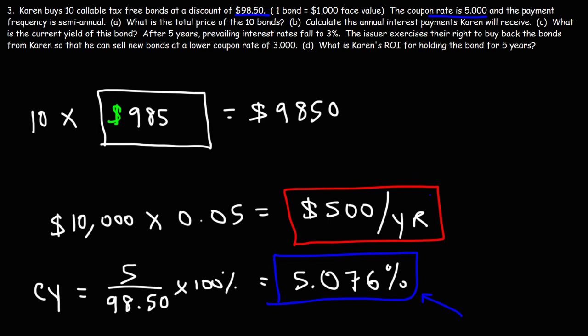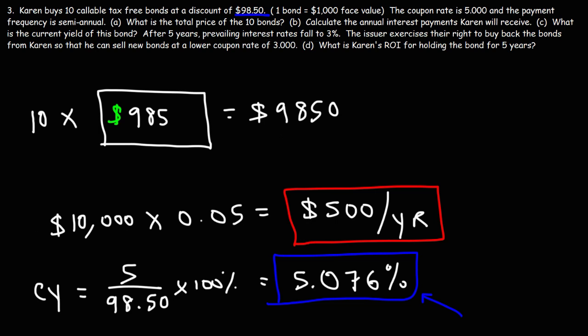Even though the annual interest payments won't change, the yield that you're getting relative to the amount that you paid for the bond, that can change. And so you want the current yield to be as high as possible. So now that we have the answer for part C, let's move on to the next situation. After 5 years, prevailing interest rates fall to 3%.